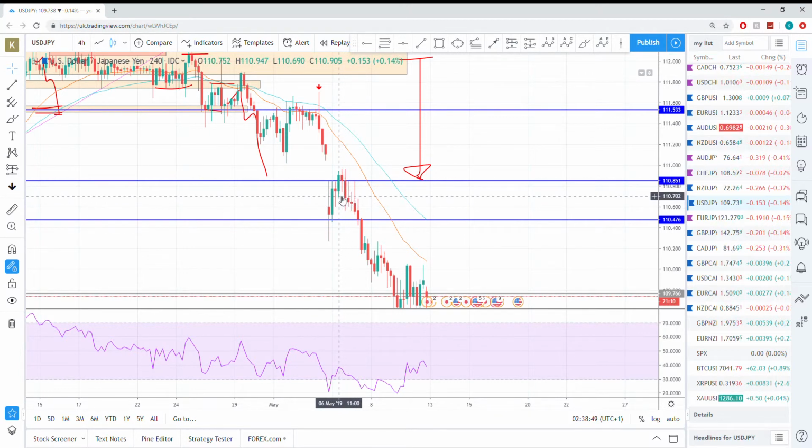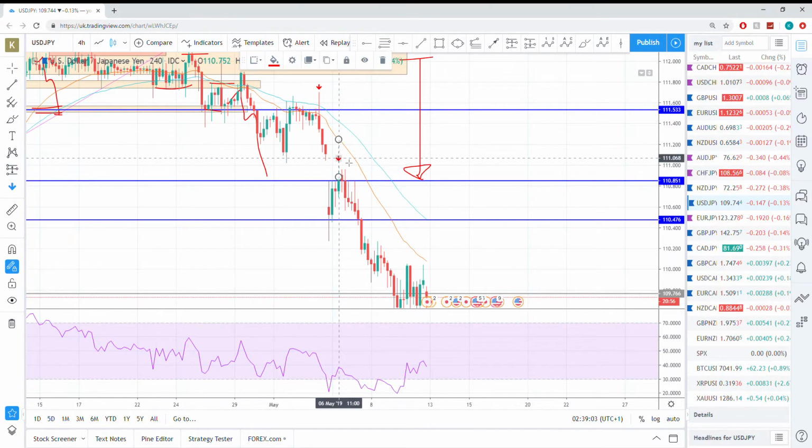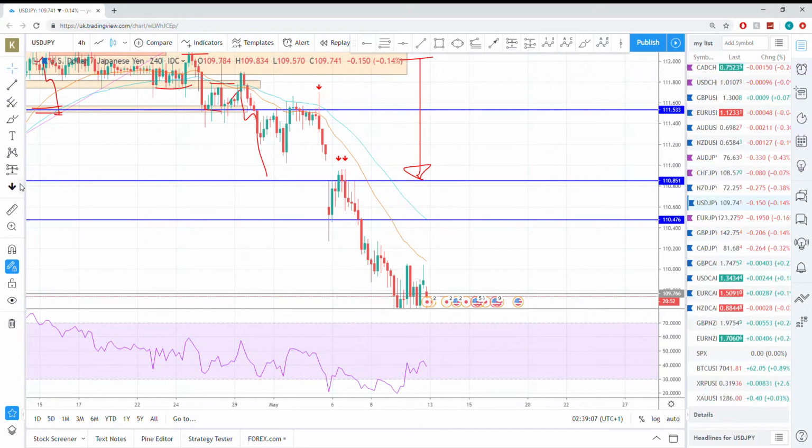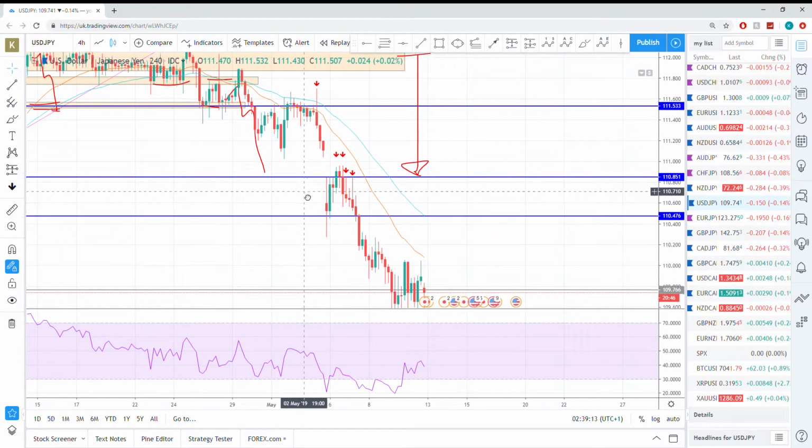Price couldn't exactly withstand this key level area, as we couldn't properly close with a bullish momentum candle above. Therefore this led to a rejection, and we see these pin bars again here, 1, 2, and another one here as well, exactly on this key line.